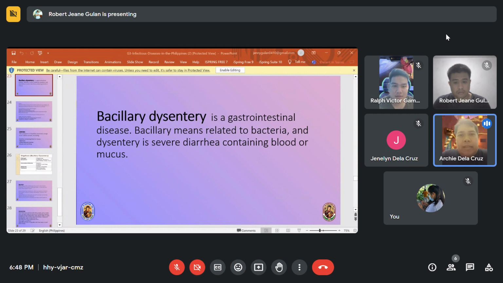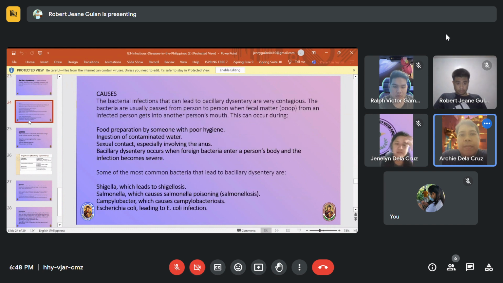Bacillary dysentery. Bacillary dysentery is a gastrointestinal disease. Bacillary means related to bacteria, and dysentery is severe diarrhea containing blood or mucus.